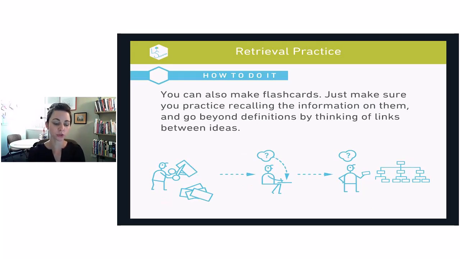And so when a student is using flashcards, you want to be sure that they aren't flipping the card over until they have vocalized or internally answered the question or the concept that's on the front of the card. And then they can turn it over to verify that it's correct. So it's how you interact with that tool. A lot of people use flashcards, but it's how you interact with the tool that makes it a metacognitive strategy.